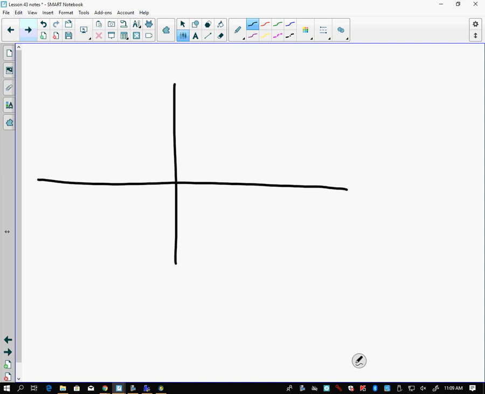At negative 1, right? Is it going to cross going up, or is it going to cross coming down? I guess the question I'm asking is, is it going to cross the origin, or is it going to trough at negative 1? It's going to trough, so it's going to come down here.